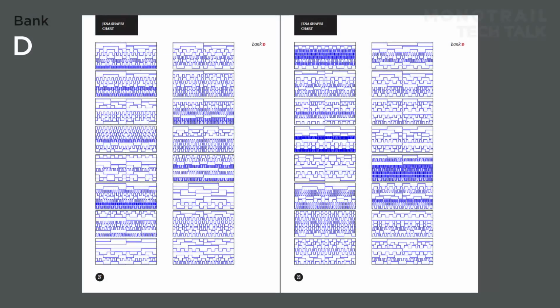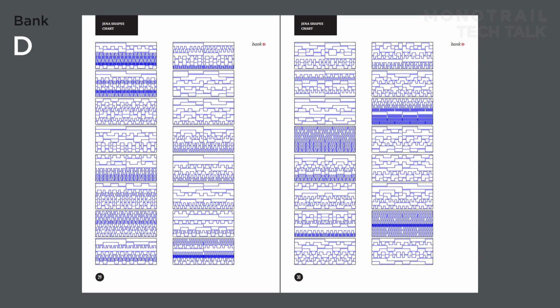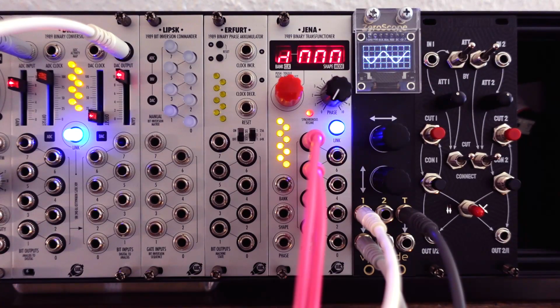Bank D is another special bank. This holds so-called Walsh functions. These are sets of 8 interesting square-like patterns that create interesting waveforms when all 8 are mixed together. Here you see and hear the output of Drezno. The first 8 square waves mixed together make a sine wave.